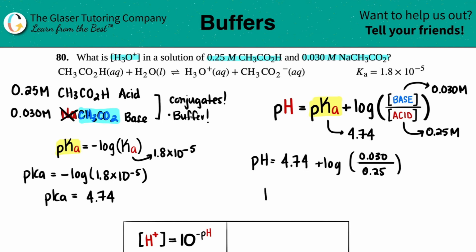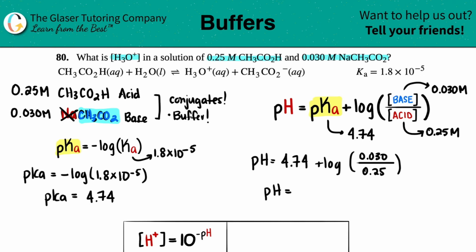This formula is really cool because you can plug all of this in once into the calculator. So the log of 0.03 divided by 0.25, and I'm going to add that to 4.74.